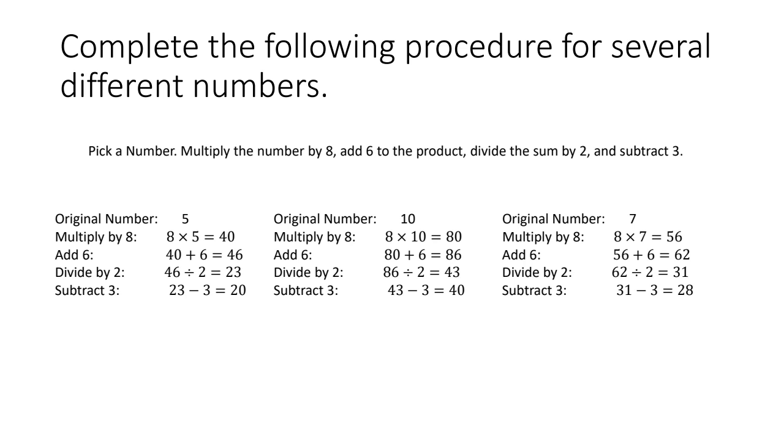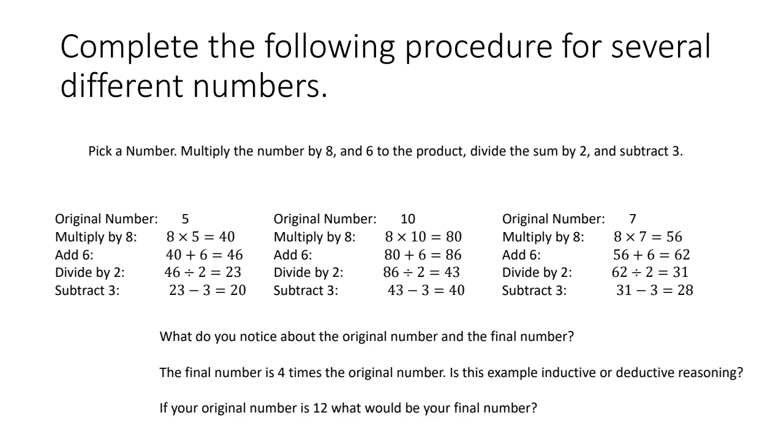So if I was doing this magic trick, I would be able to predict what you are getting at the end. However, if I'm trying to convince that it is always the case that the result is going to be 4 times the original, I need to use a more general argument.